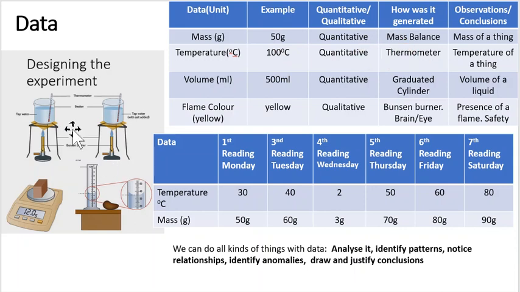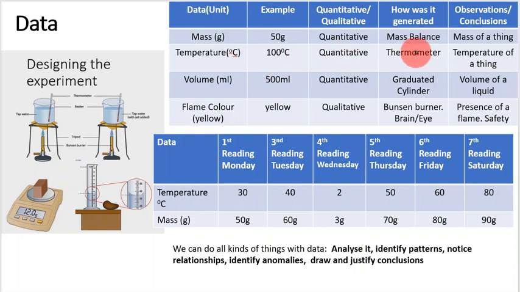We took a thermometer like this, and similar to what we do with a graduated cylinder, we look at how far the liquid in the thermometer has risen, and then we read off the value on the thermometer. For example, when water without any salt started to boil, we noticed that the temperature was 100 degrees Celsius. So we generated that data using a thermometer.